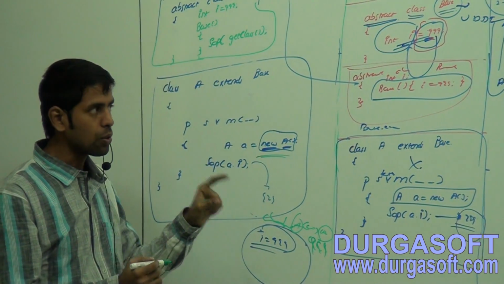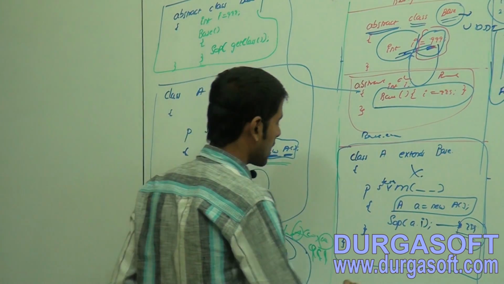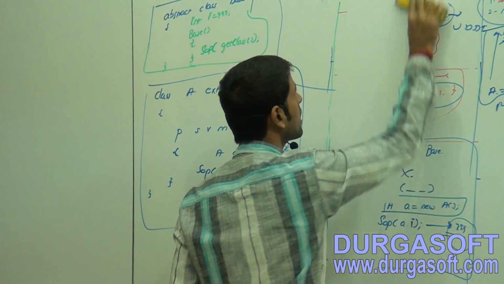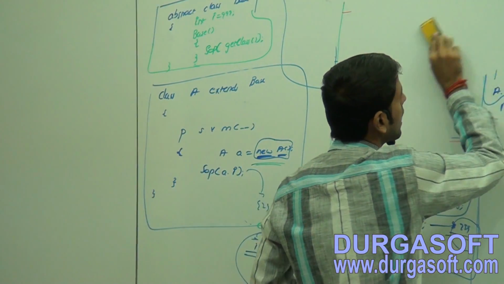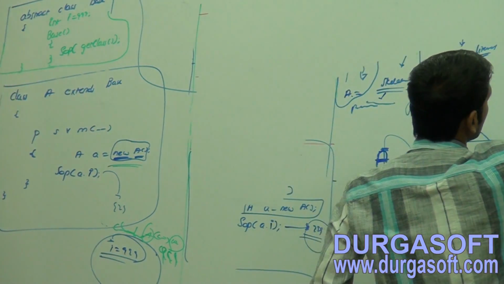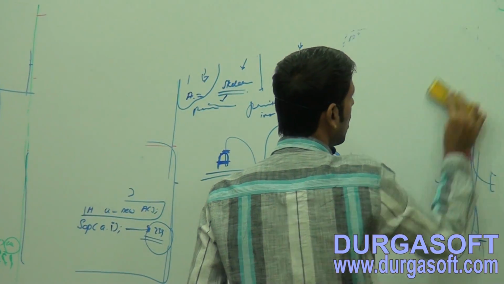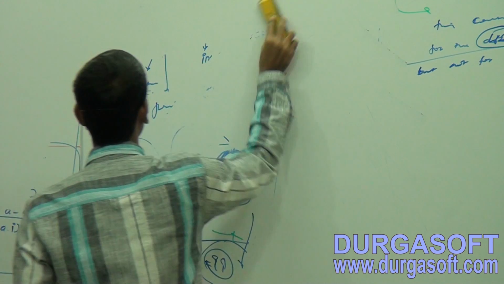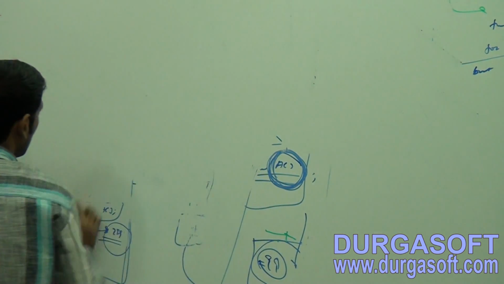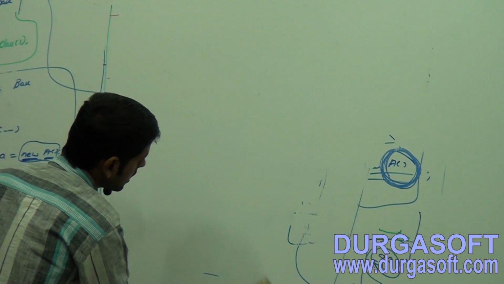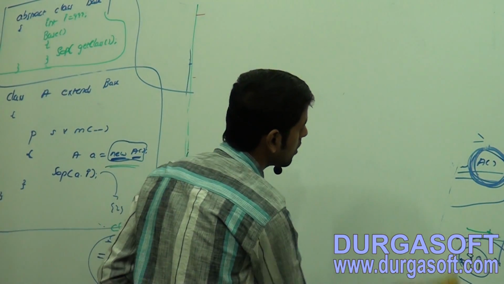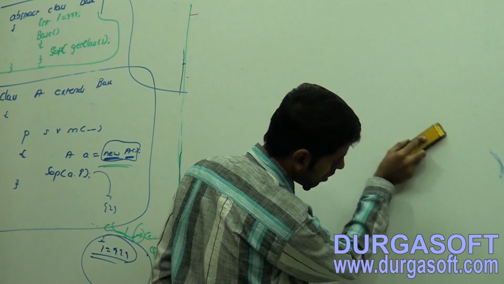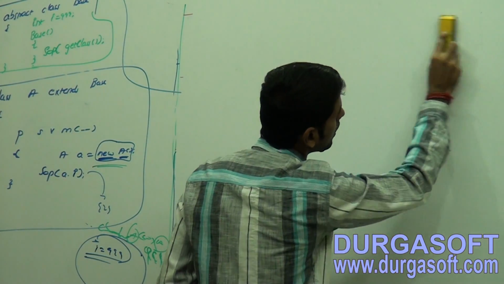To prove the parent class object is not created at the time of child object creation, we are going to use one more predefined method. Observe here.